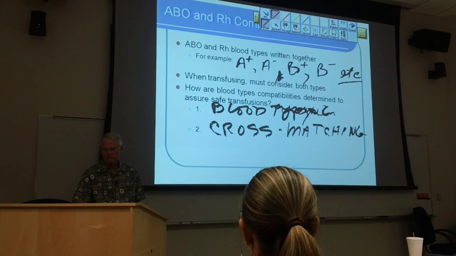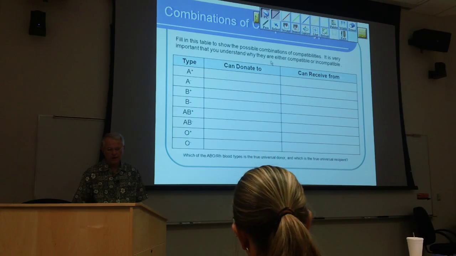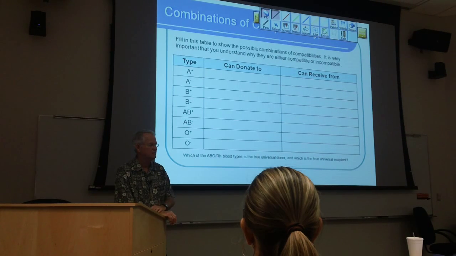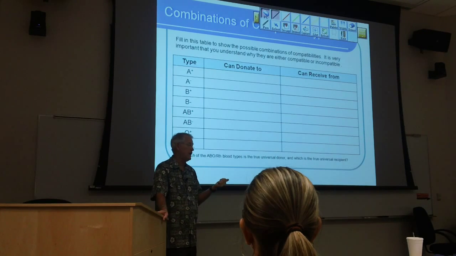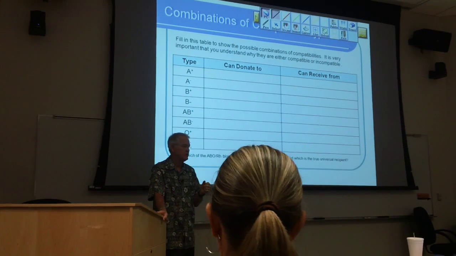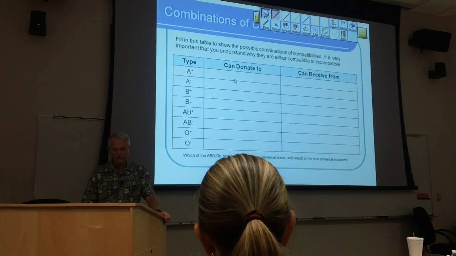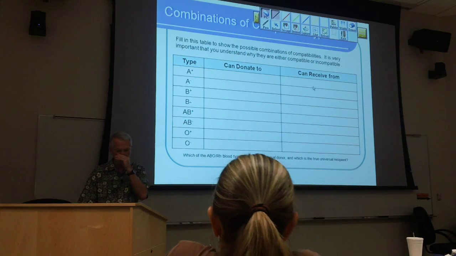Move on. I'm not going to do this table for you. I want you to do it, and then I'll put the answers online. Okay? You want to include your ABO type, your RH type, and fill it in. So you'd say A positive can be donated to different blood types. What are they? You receive from different ones. What are they?